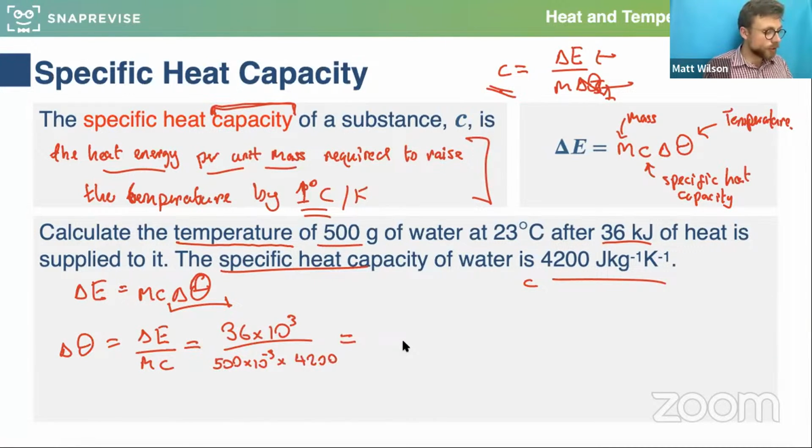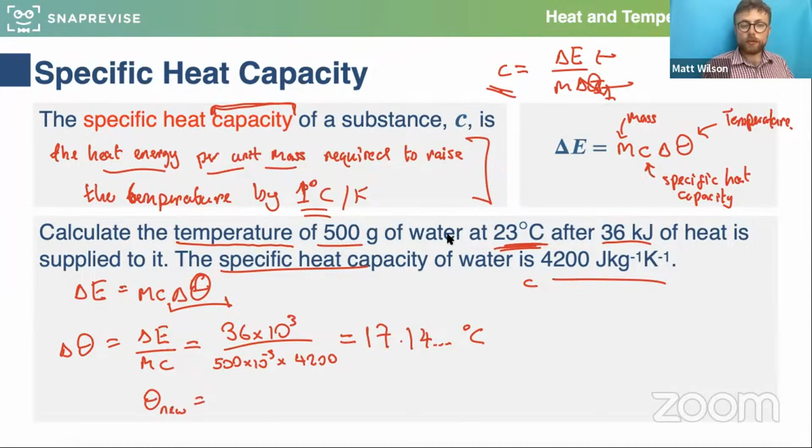Okay, good. So you can chuck all of that into a calculator and you should get around 17.14, etc. degrees centigrade. So that's the change in temperature. Initially, we had 23 degrees. So what should I do to find the new temperature?